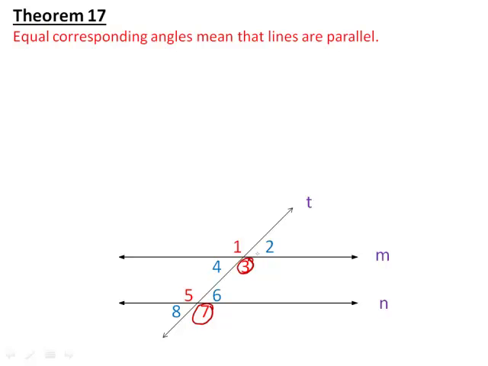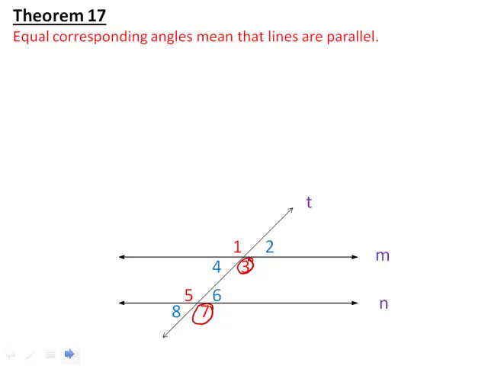According to Theorem 17, that's all I need to know in order to say that these are parallel lines. M is parallel to N. So if I'm not told that they're parallel, but I am told that a pair of corresponding angles are equal, then that means that I can say that they are parallel lines.